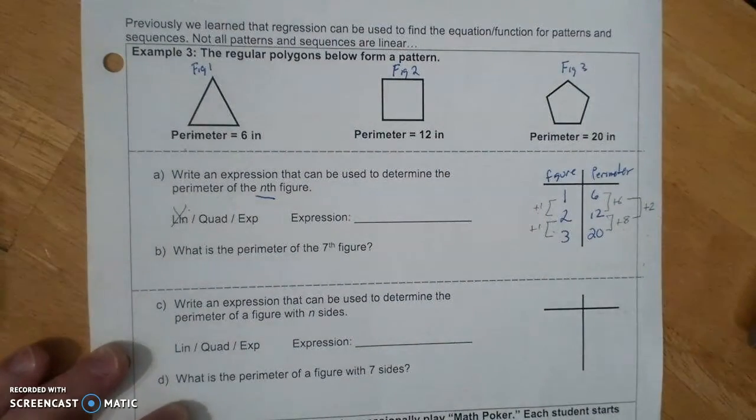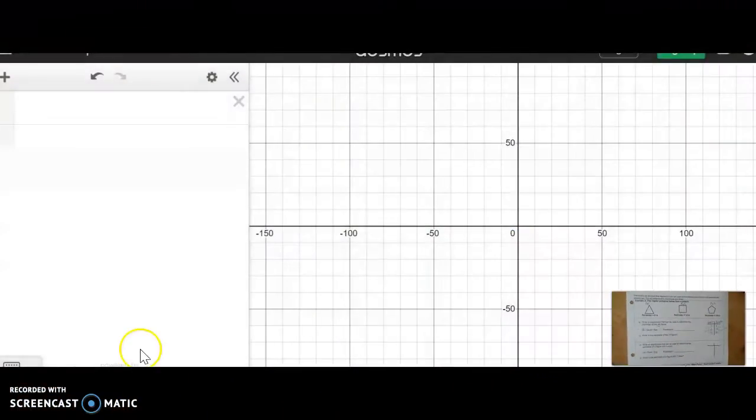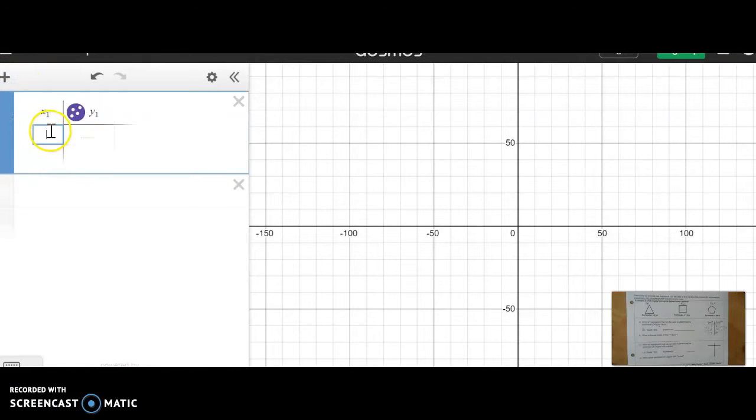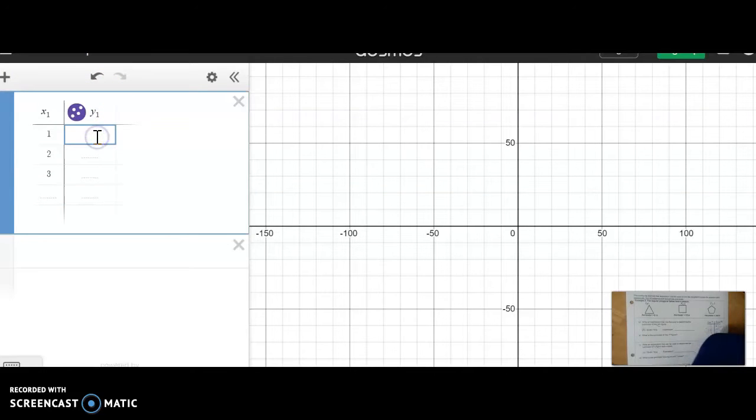The next thing we're going to do is we're going to go back to Desmos, and we are going to create a table. We're going to put in our data points of 1 and 2 and 3, and we don't need 4. And we're going to do 6 and 12 and 20.